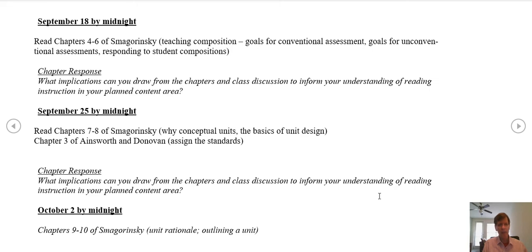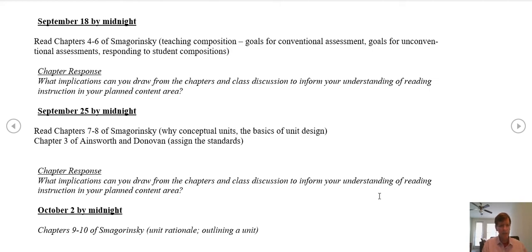And so Ainsworth and Donovan balances Smagorinsky out a little bit. In Ainsworth and Donovan, sometimes I feel like they're not theoretical enough. Sometimes they're not creative enough. Sometimes they're not intellectual enough. And so Smagorinsky gives you more of an intellectual look into what we're talking about. And I think that's a really nice balance for you.